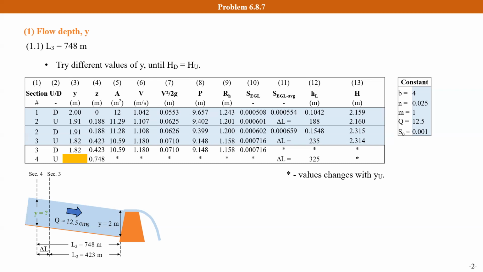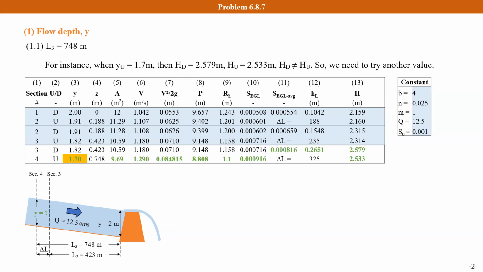So currently, we already set up the equations to calculate the water depth at section 4. What we should do right now is to try different values of the water depth until the total energy downstream equals the total energy upstream, based on our energy conservation equation.